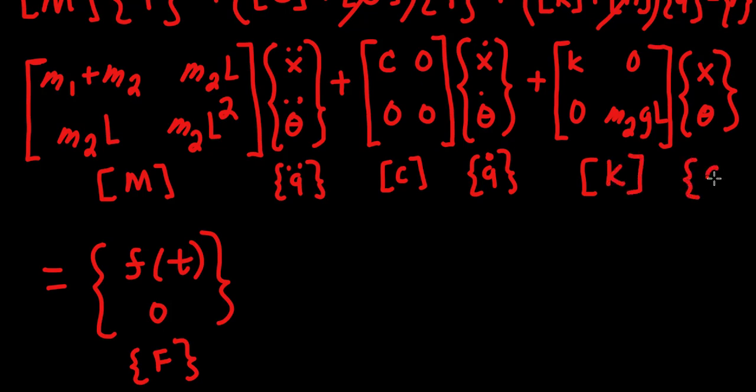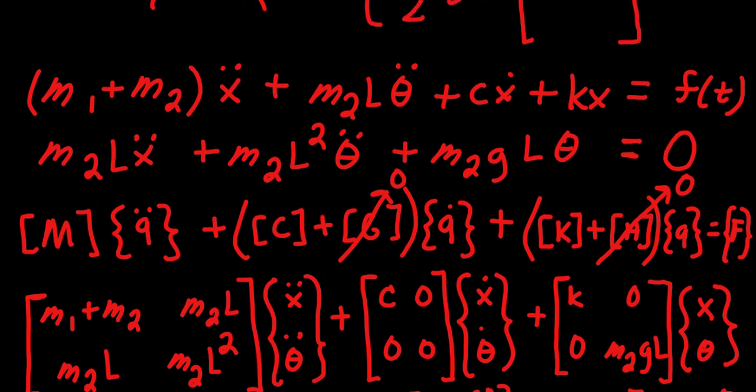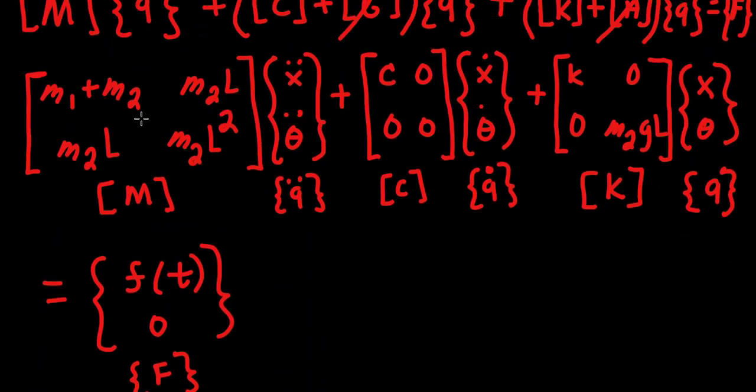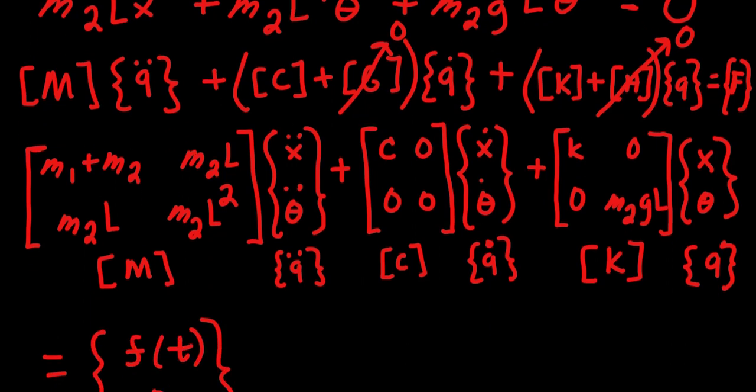I'm going to point out that this is my forcing vector, this is my stiffness matrix, and this is my q vector. If you aren't familiar with extracting your equations into matrix equations, you'll notice that if I were to multiply through all these matrices and vectors and add them up as this equation tells me to, I'll end up exactly with these two individual equations of motion. That's the point of making a matrix equation.